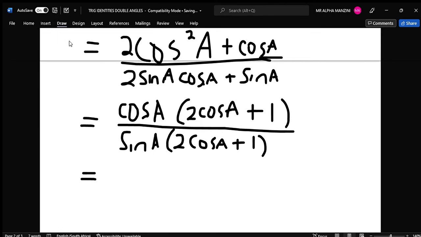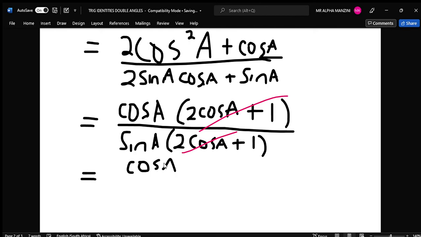These cancel each other, and then we'll be left with cos A at the top divided by sine A at the bottom.